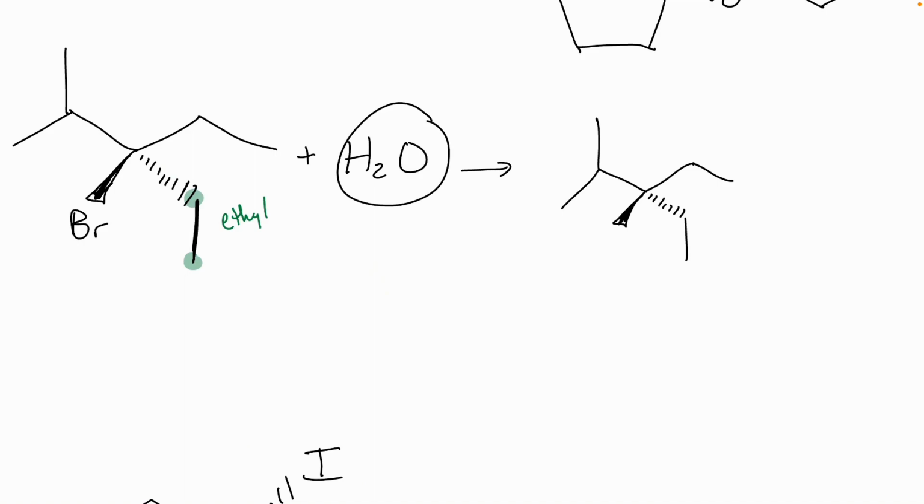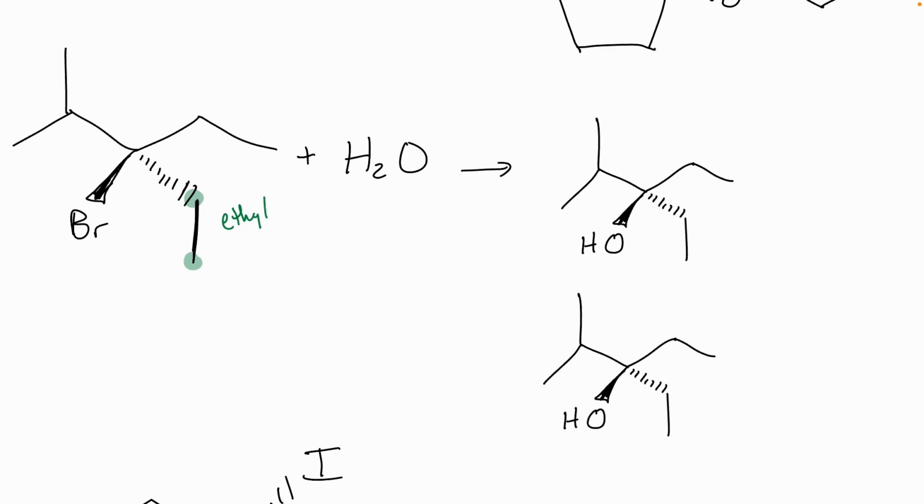I'm going to lose a hydrogen from this neutral nucleophile. Then I'm going to draw the same thing, but this time I'm going to flip my dash and my wedge. So this wedge becomes a dash, that dash becomes a wedge.